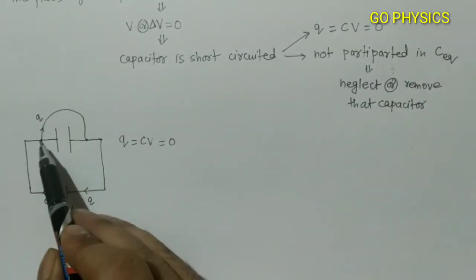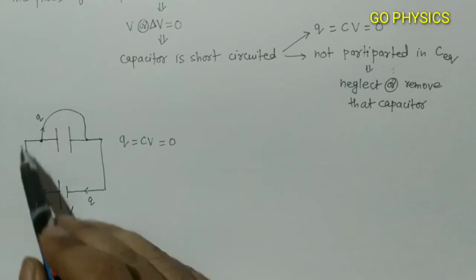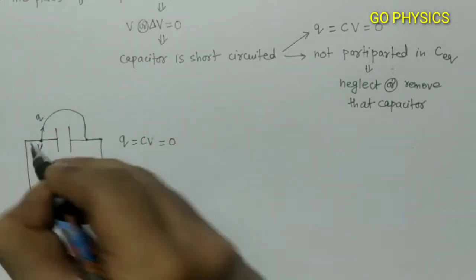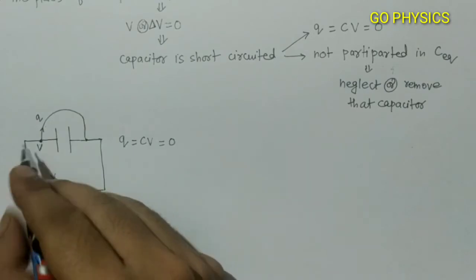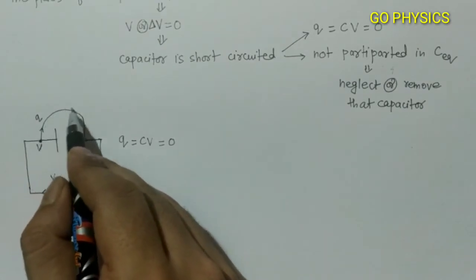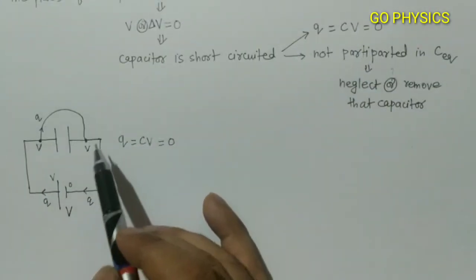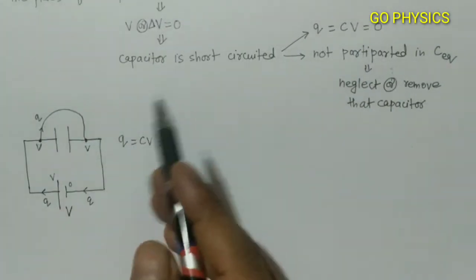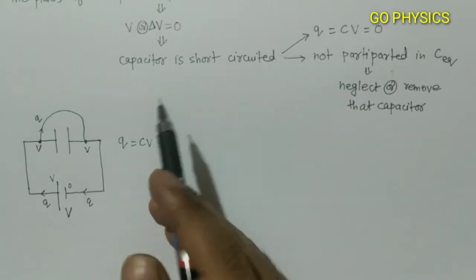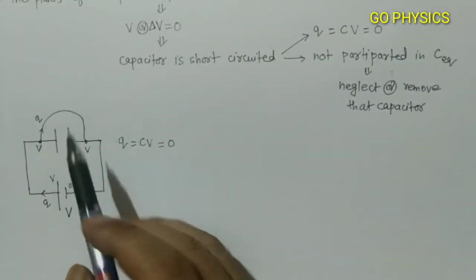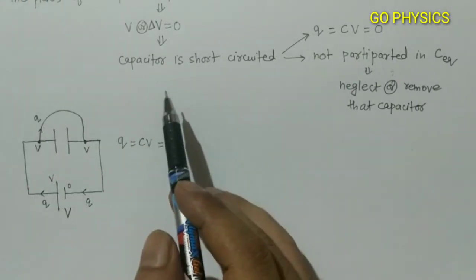This point will have the same potential as V of the battery, because this is V and this potential is 0. So there must be some resistor in the circuit, but just to make you feel what short circuit means, I put no resistor in this case.